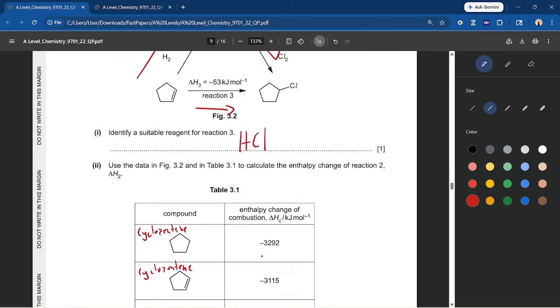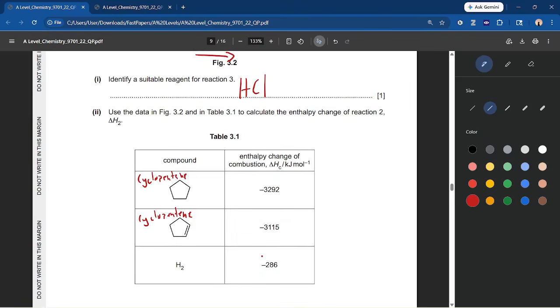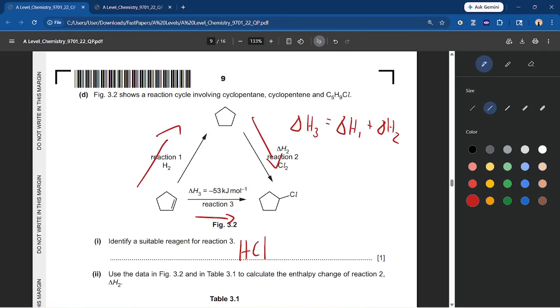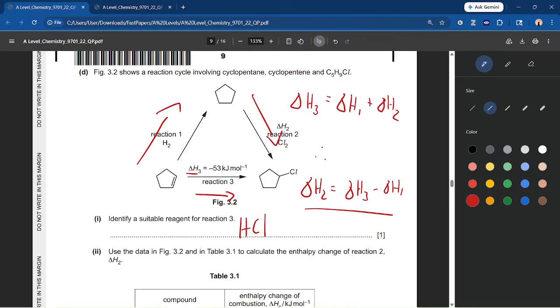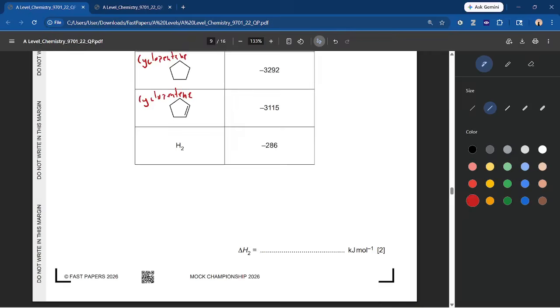In the same vein, they're asking us to calculate the enthalpy change of reaction 2. So del H2 is actually, if you rearrange it, del H3 minus del H1. So we already have del H3. Now we need to calculate reaction 1, when cyclopentene reacts with hydrogen. So you're combusting cyclopentene and hydrogen.